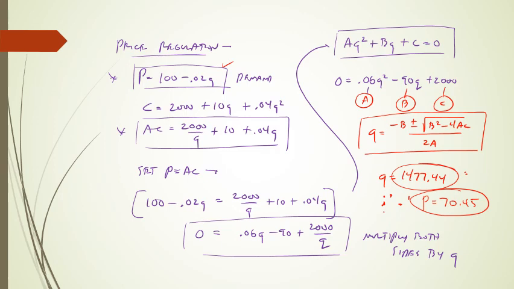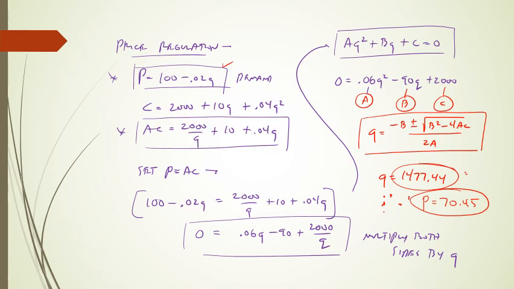So we have Q here as a variable, and then 1 over Q times 2000 as another variable. So it's not easy to solve for Q in this case. But if you go back up to the upper right, we can use the quadratic formula for this.